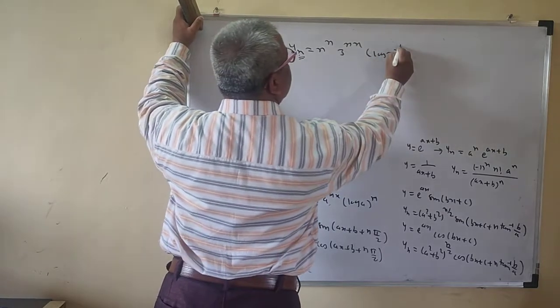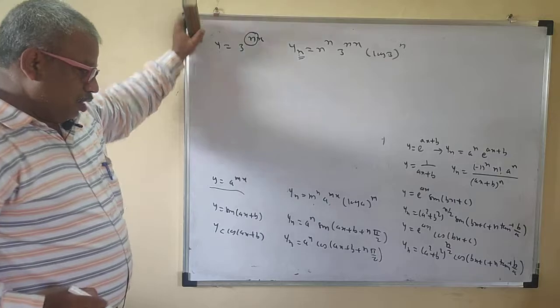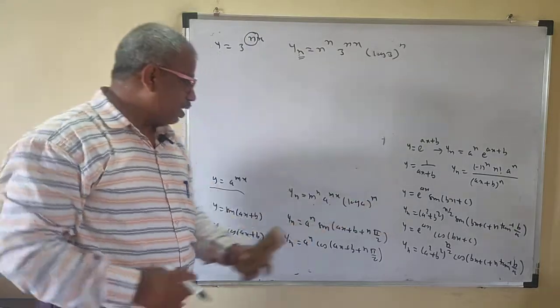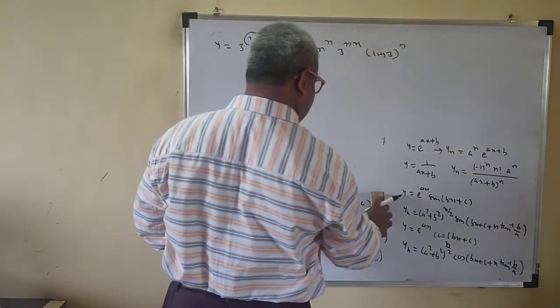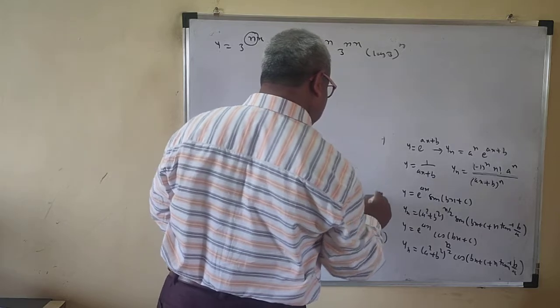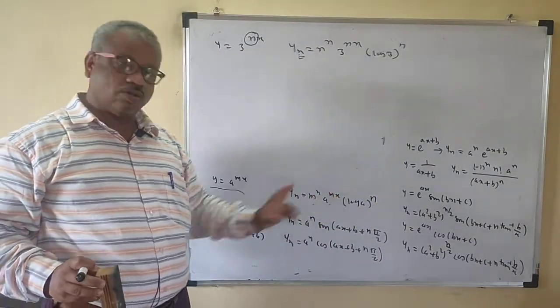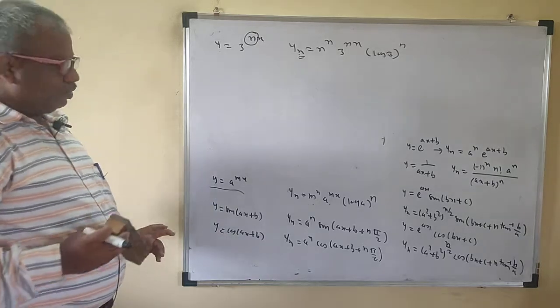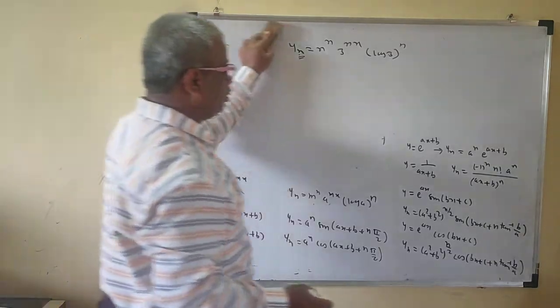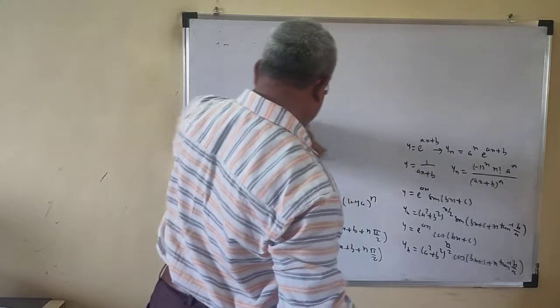So the nth derivative is m raised to n, (log a) raised to n. So this is the formula. You should remember this.